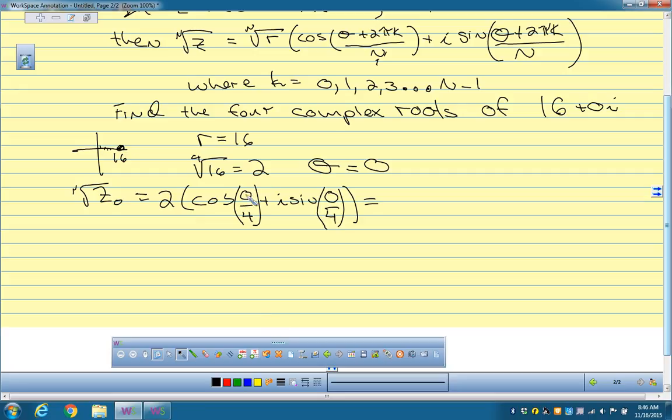The n is not under the cosine. It's cosine of 0 divided by 4, and sine of 0 divided by 4. You take the cosine of 0 divided by 4. You'll see in the next one. Okay? Then you divide it by 4.